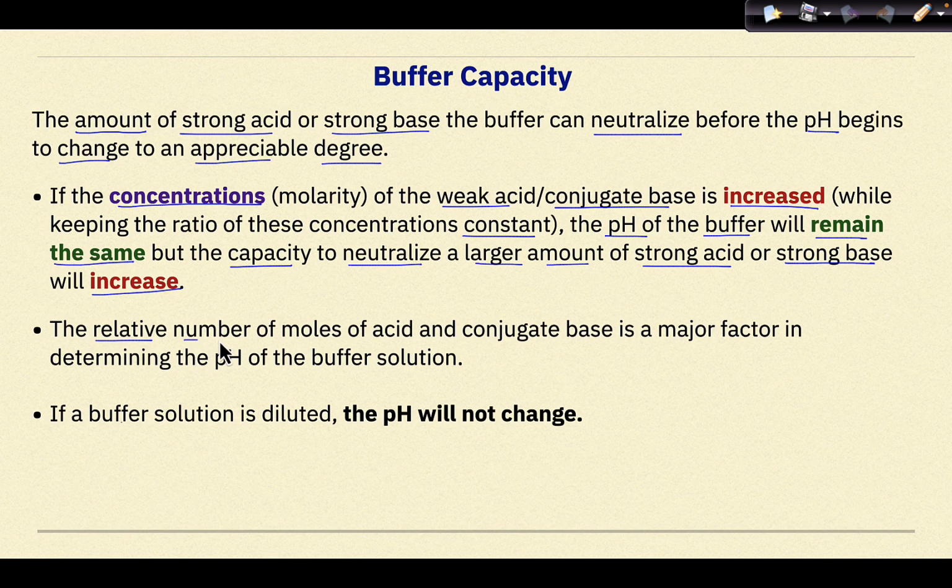The relative number of moles of acid and conjugate base is a major factor in determining the pH of the buffer solution. If a buffer solution is diluted, the pH will not change.